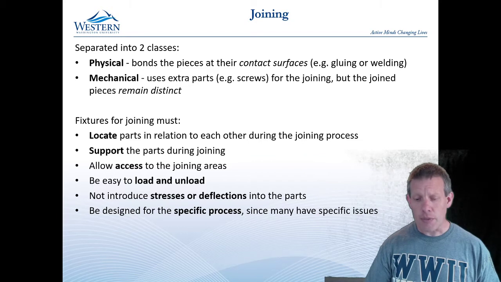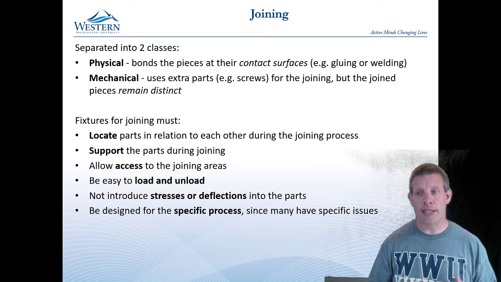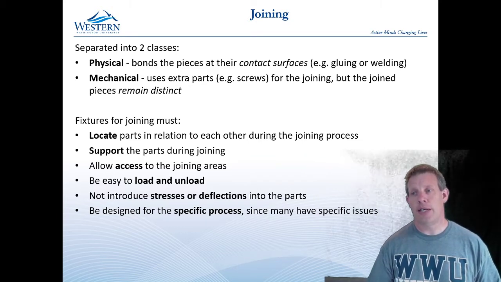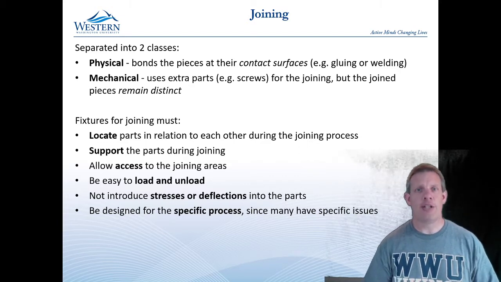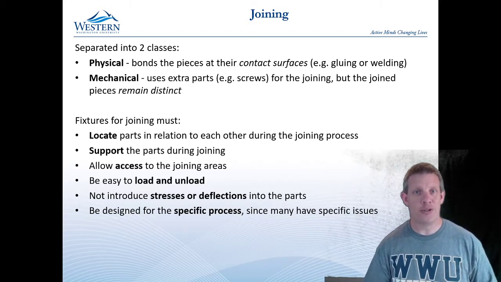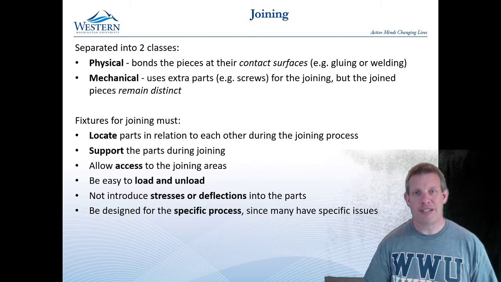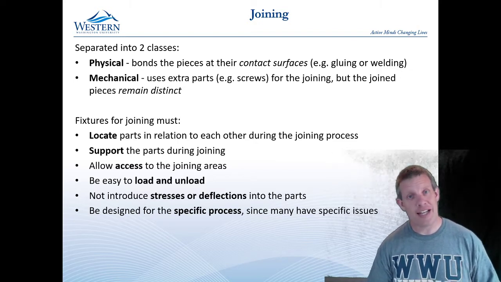So it's really important to not induce stresses in there. I skipped, it has to be easy to load and unload. And we're going to do a number of different designs for each of the different types of joining processes when we have our in-class portion.